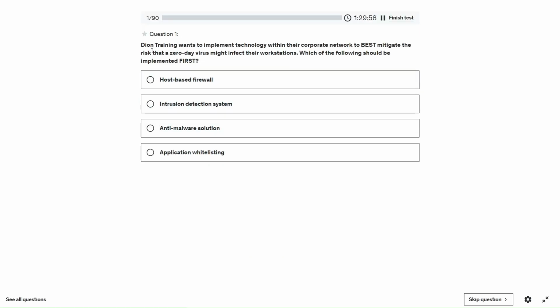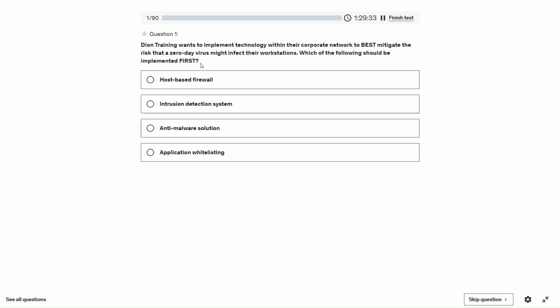First question: DION Training wants to implement technology within their corporate network to mitigate the risk that a zero-day virus might infect their workstation. Which of the following should be implemented first? So remember, a zero-day is a virus that is totally unknown.